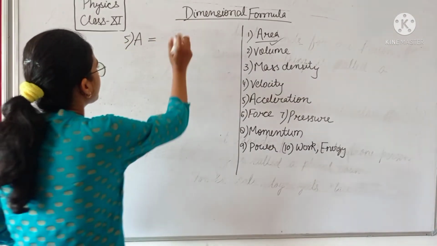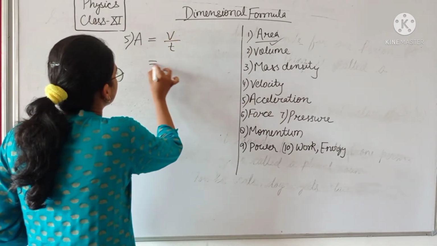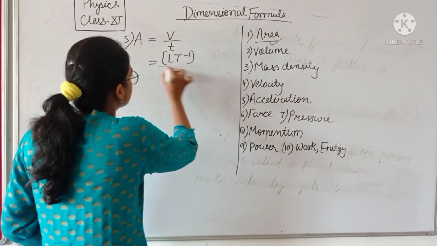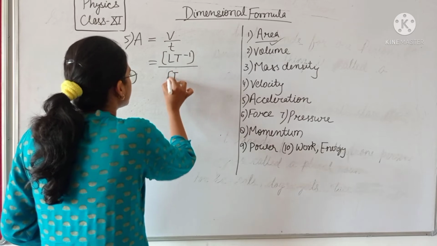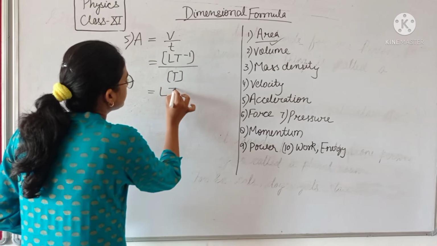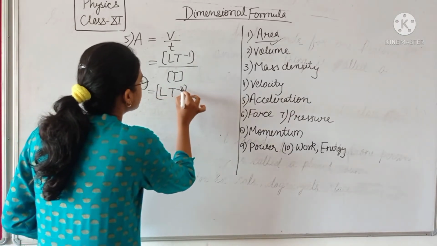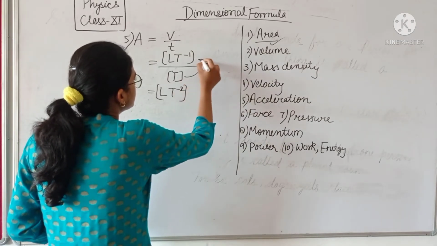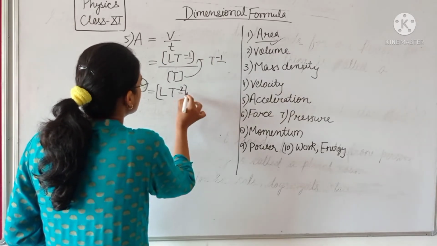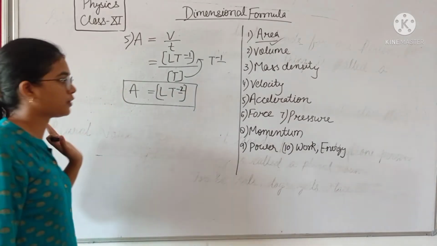So we have calculated the formula for velocity, L T to the power minus 1, and for time we write T. So this is L T to the power minus 1, sorry, power minus 2. This T will also go there, so T to the power minus 1 and minus 1 is minus 2. So this is our acceleration dimensional formula.